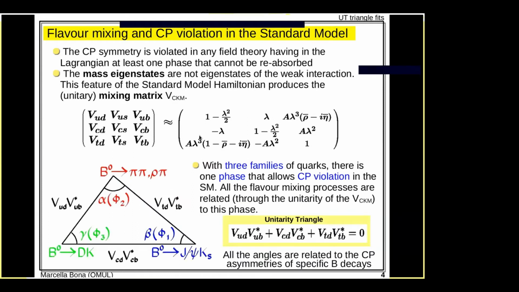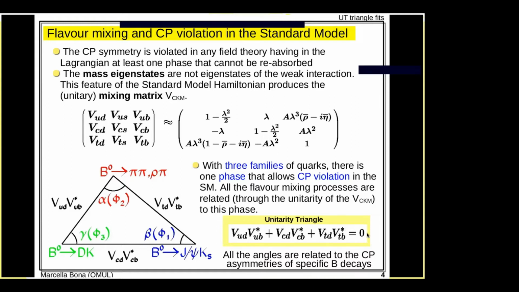Now, if you exploit the unitary nature of this matrix, you can write unitarity expressions. So you can write this kind of expression where you have three complex numbers that have to sum to 0, okay?